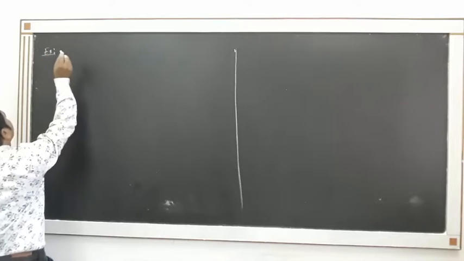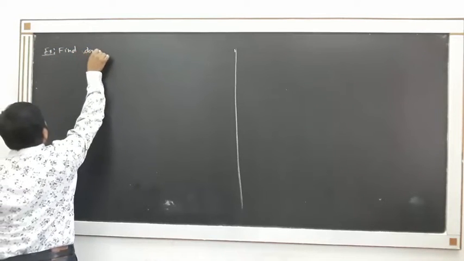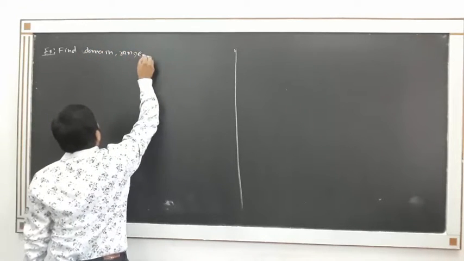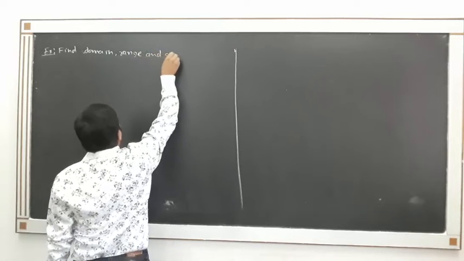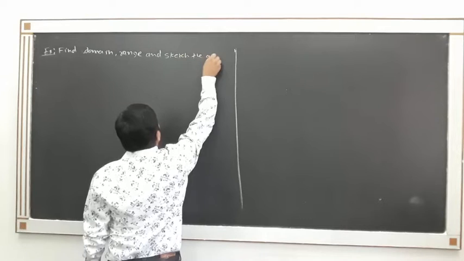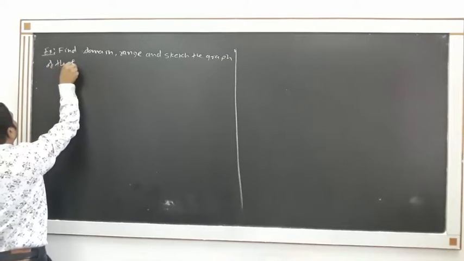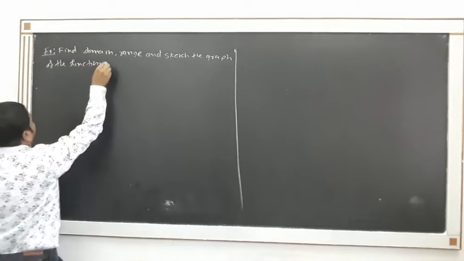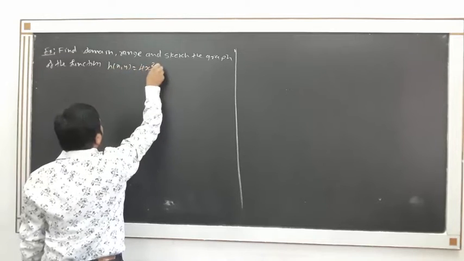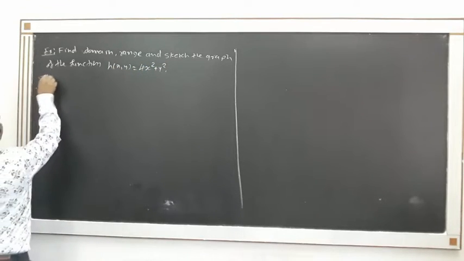Find the domain, range, and sketch the graph of the function h of xy is equal to 4x square plus y square. Solution.